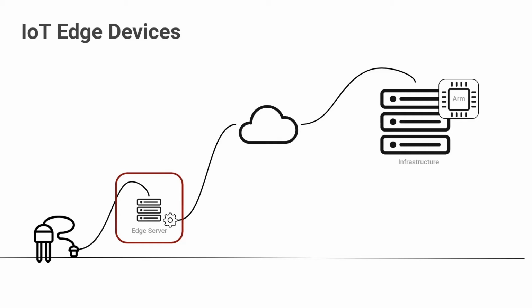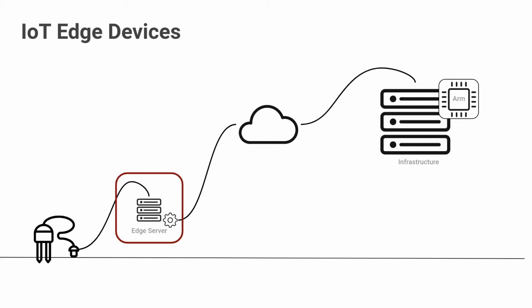So it's no longer sending data to a cloud and consuming more battery power. It's sending data to a device or some sort of system that's on site, in very close proximity to the moisture sensor, and it's not consuming a lot of power. It's also able to process data directly from the sensor in near real-time, and then send a more refined data set back to the ultimate infrastructure, maybe some server and some cloud system somewhere.